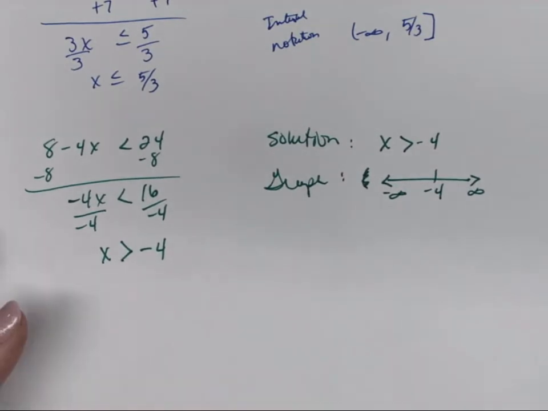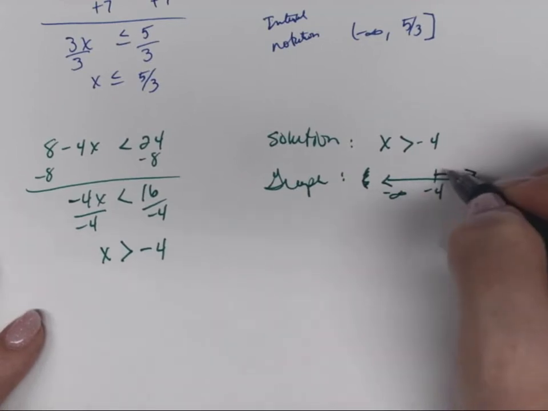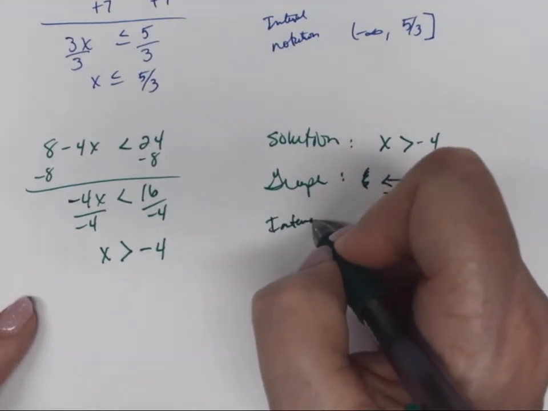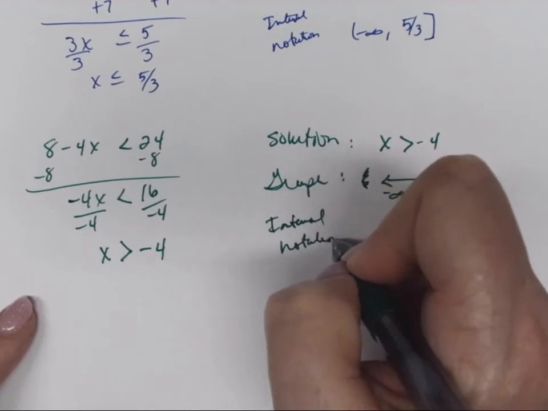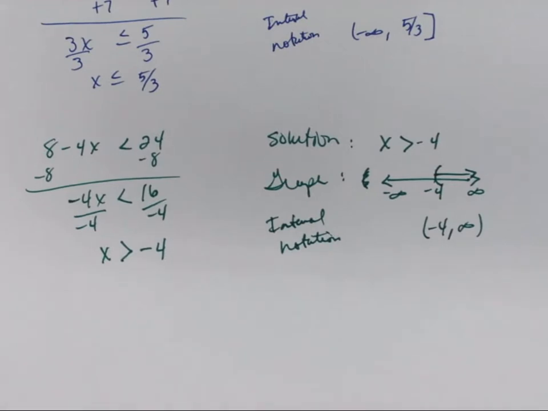It's greater than, so because it's greater than negative 4, it's going to go to the right. So less than goes left, greater than goes right. This time we don't have an equal, so it'll just be a parenthesis. So our interval notation will be negative 4 to infinity.